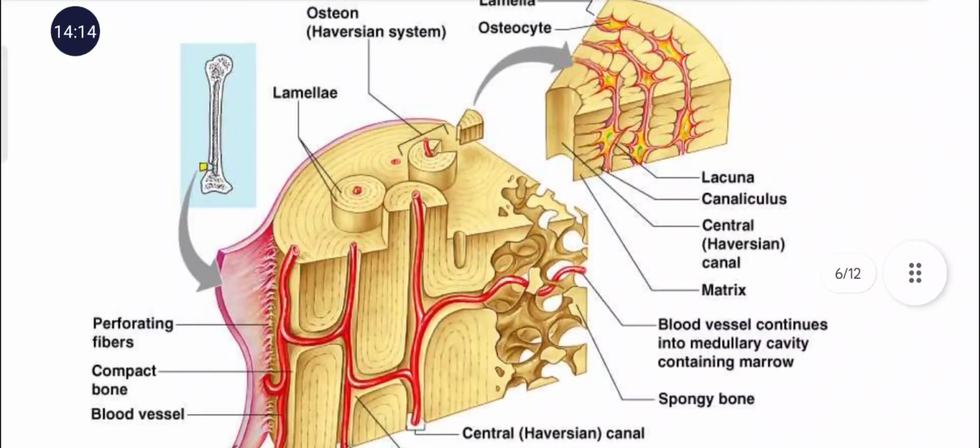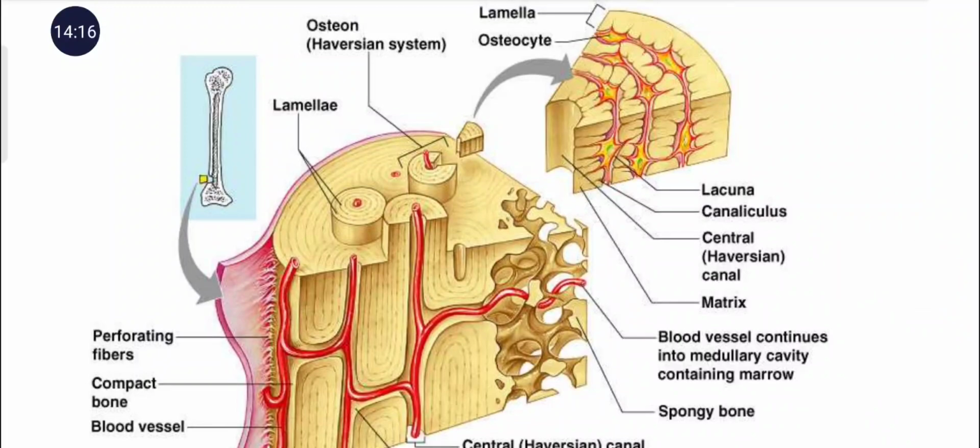So here in the structure you can observe the osteon or Haversian canal, which is part of the compact bone. It forms a complete Haversian system. One Haversian system is arranged concentrically around the Haversian canal, which forms the central tube or canal which consists of the blood vessels. If you see the enlarged structure of the Haversian system, it consists of the lamellae.